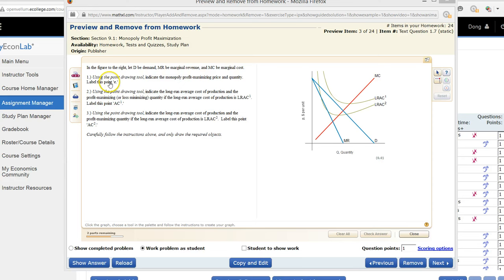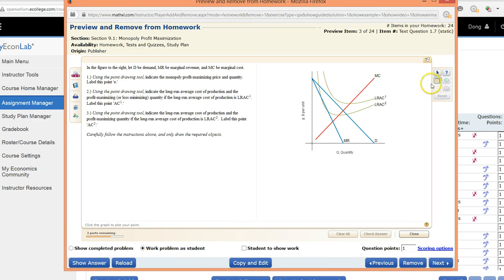And so the first part is indicate using the point drawing tool the monopoly profit maximizing price and quantity. And we know that for monopoly, marginal revenue has to be equal to marginal cost. This actually has to be true for every firm. And this determines my equilibrium output.